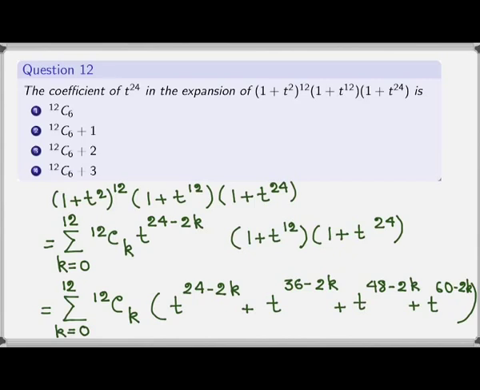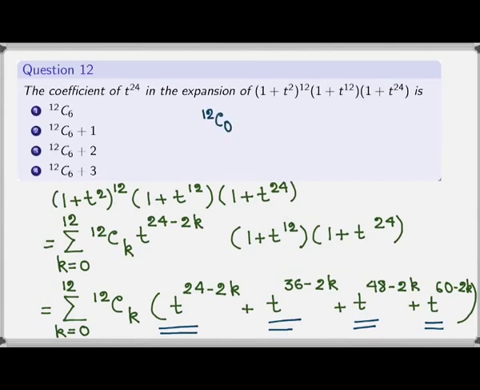Now note that in this expansion, from this part we'll get the coefficient of t^24 for k equal to 0, and from this part we will get it for k equal to 6, and from this part we will get it for k equal to 12, and from this part we will not get any coefficient of t^24.